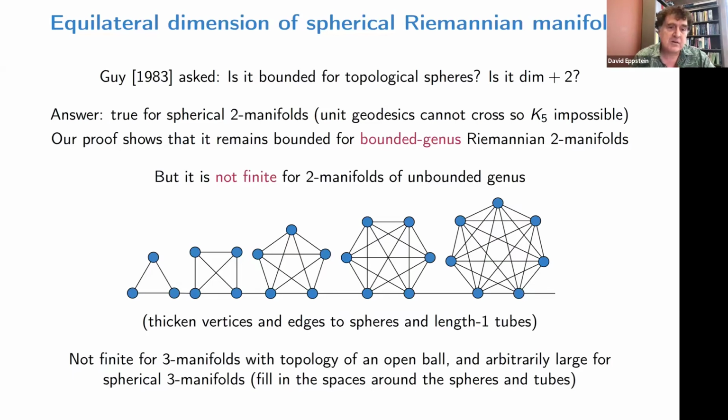If you do it carefully enough, you can find a point on each of these spherical surfaces, and adjust the lengths of these tubes so that all of the points in each of these graphs are at unit distance from each other. And so you have 3 points at unit distance, 4 points, 5 points, 6 points, 7 points at unit distance, unbounded numbers of points at unit distance from each other.